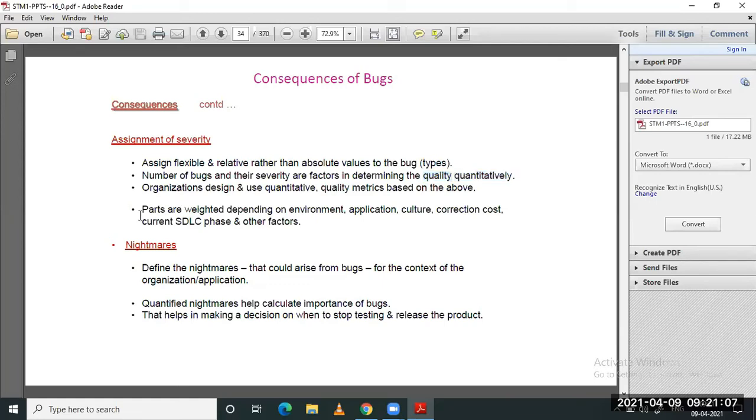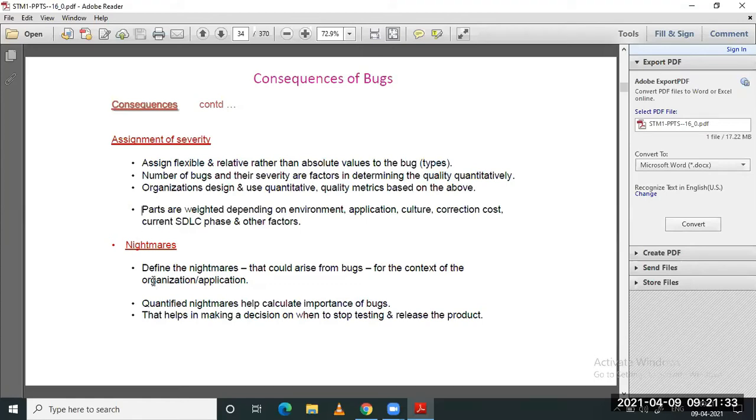And parts are weighted depending on the environment and application. That means in which environment you are using this software, the applications supported, culture, correction cost, current SDLC phase and other factors. So assignment of severity is: if you get a bug, what is the severity of the bug?